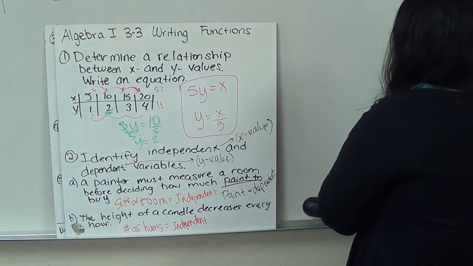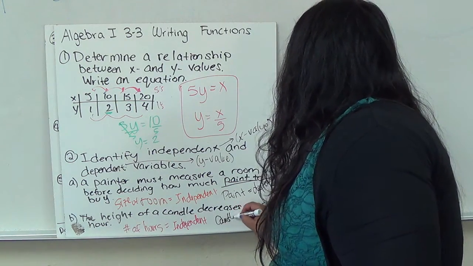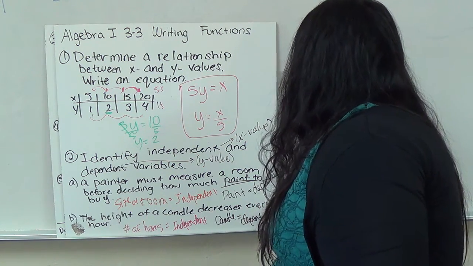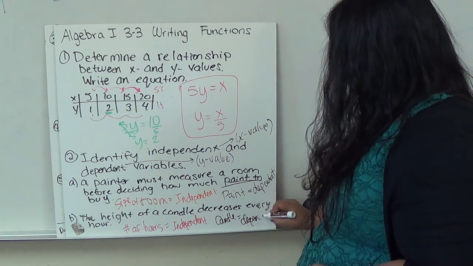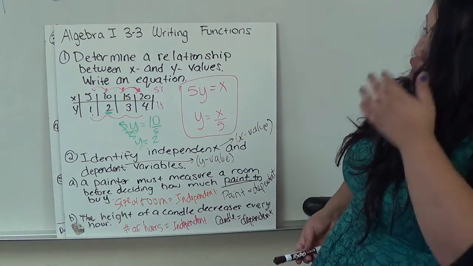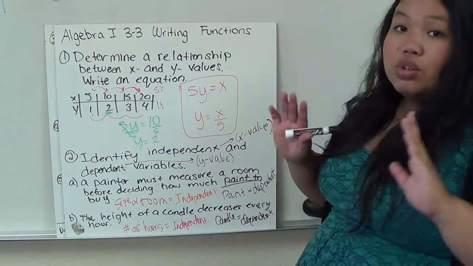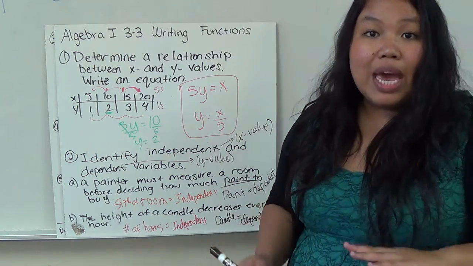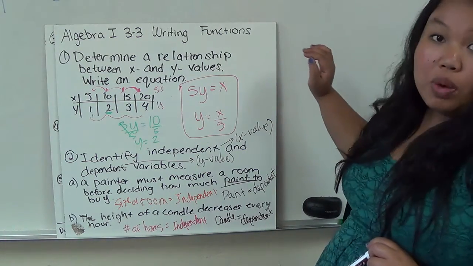And how much the candle decreases is my dependent. I got lazy. My apologies. So go ahead and write it, and please remember your independent is the one that goes on its own, is your x value. Your dependent is your y value because it depends on the x, the independent. Go ahead and write this down. I have one more board.